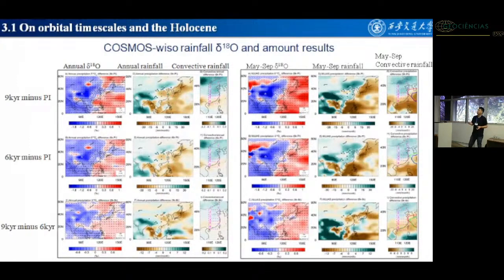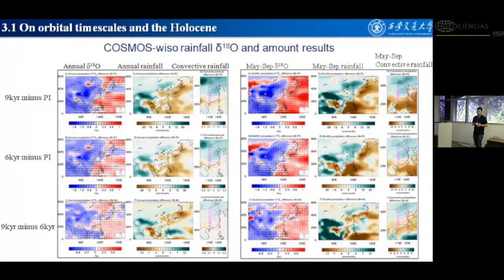The left is annual results. This is for the summer season results. For oxygen isotope, it's similar to the annual value. But for the summer monsoon rainfall, we still can see some difference. Like in the early Holocene, in South China, the annual rainfall is less, but for summer rainfall, it's still high, it's still wet.